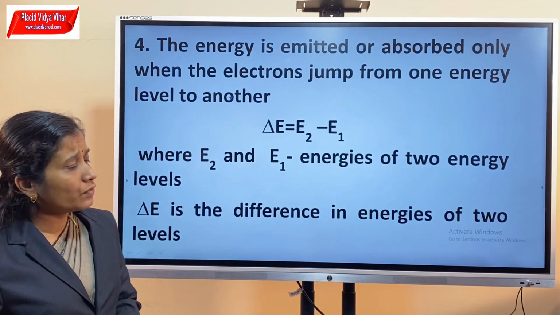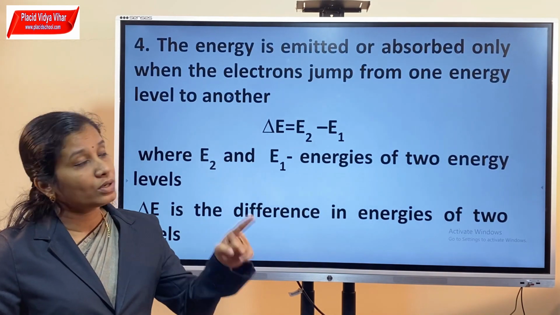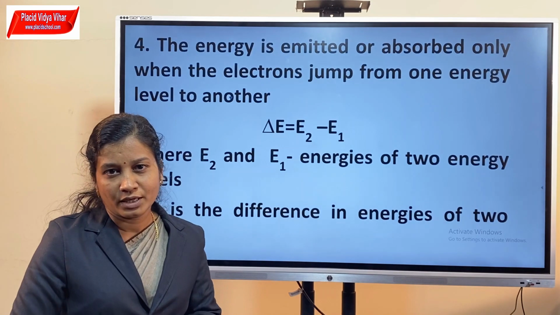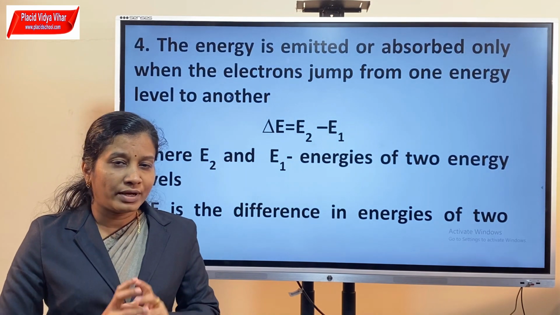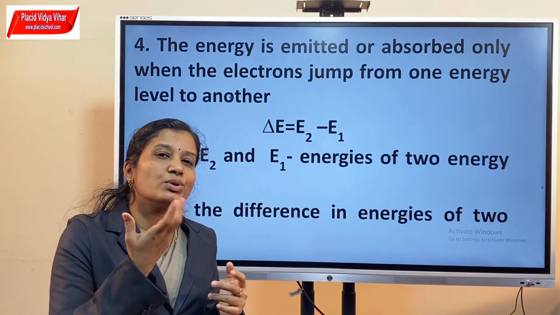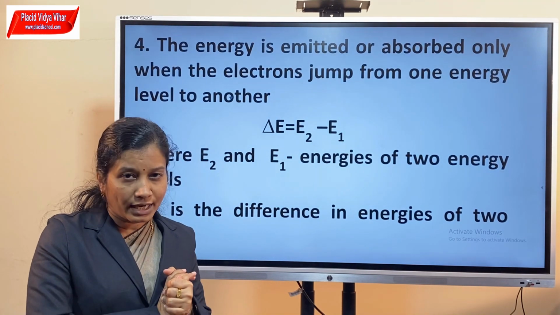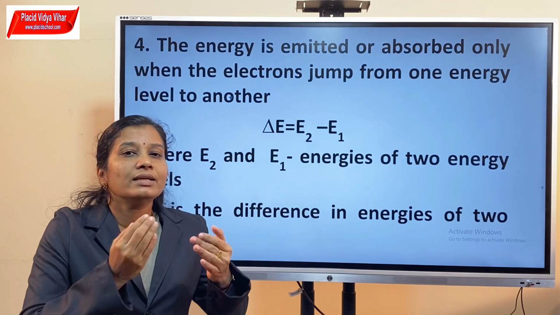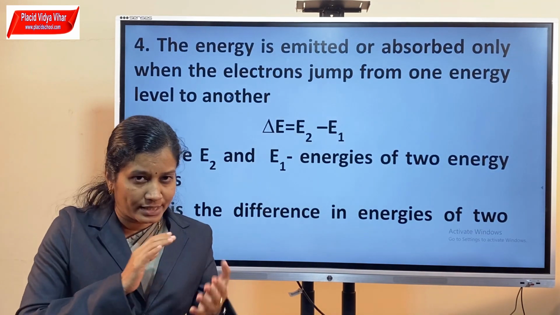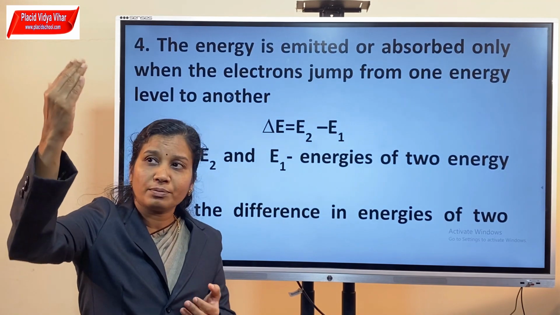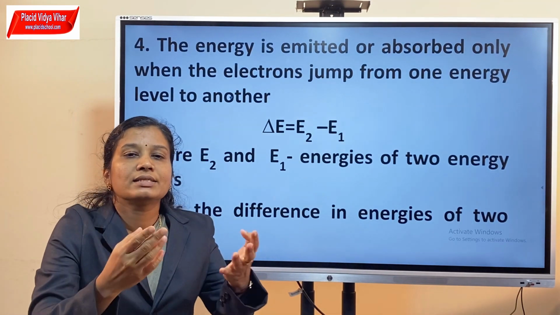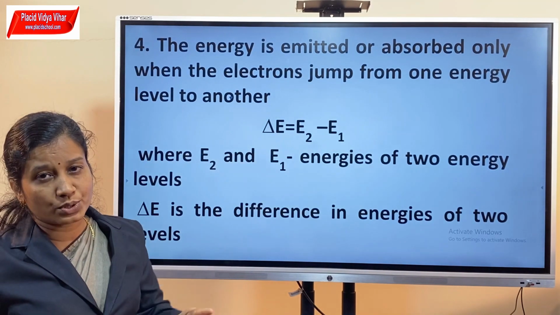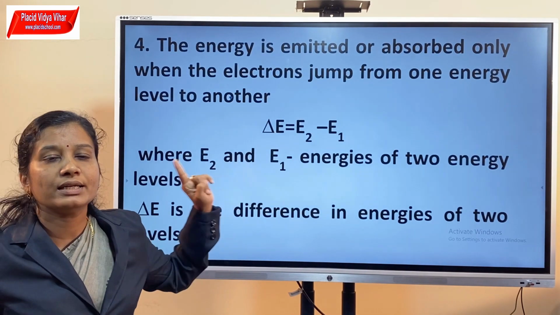Then the fourth point: the energy is emitted or absorbed only when the electron jumps from one energy level to another. In the second postulate, you see that when the electron is in a particular orbit, it does not lose or gain energy. But when it goes to a higher energy orbit from the ground level, or the lowest energy level, it absorbs some energy. Likewise, when the electron comes from the higher energy orbit to the lower energy orbit, it emits energy.